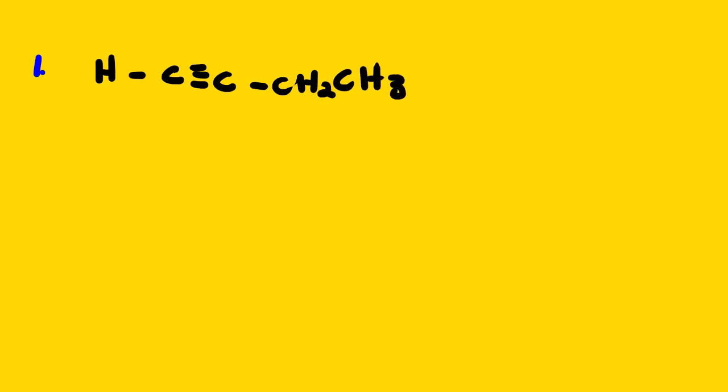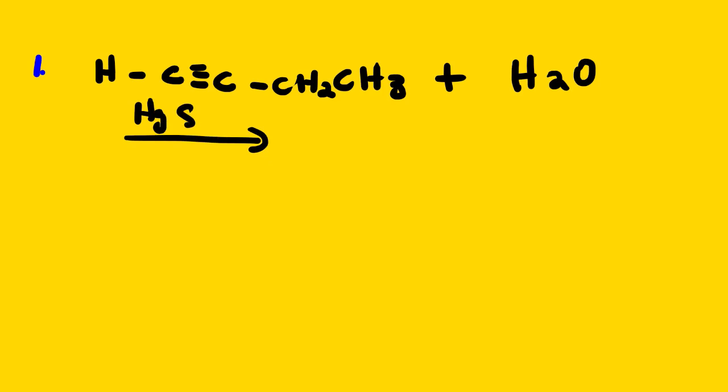Let us look at our first example. We have but-1-yne. It's a terminal alkyne. We react this with water in the presence of our catalyst, and then this will form an enol.